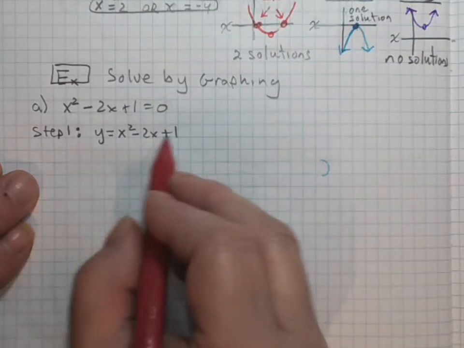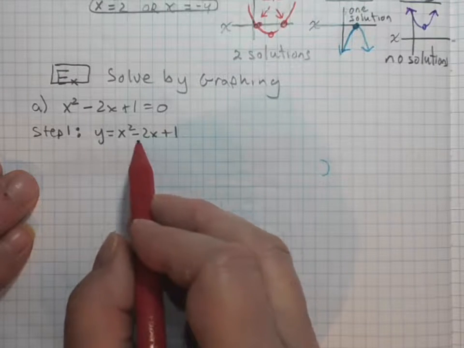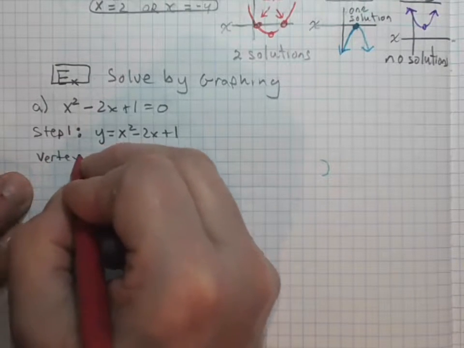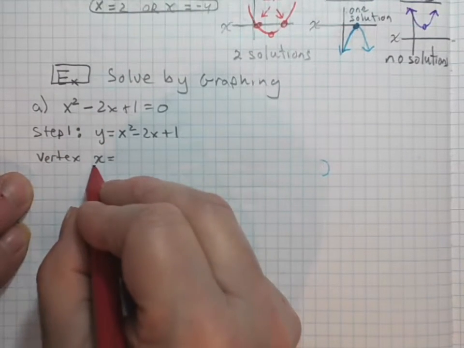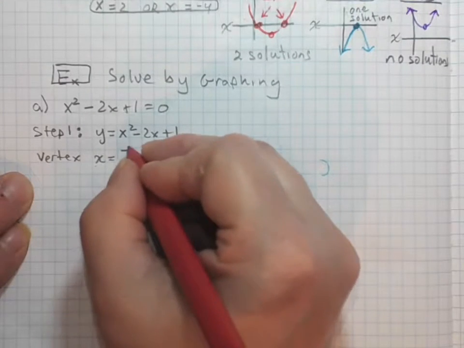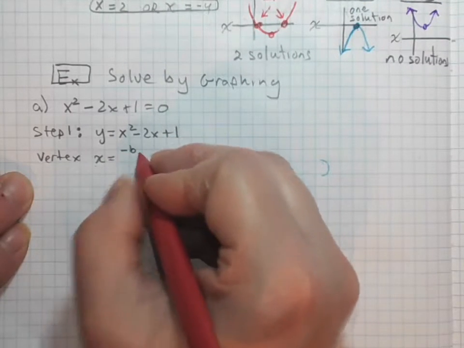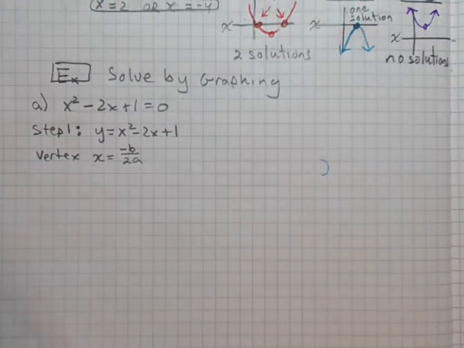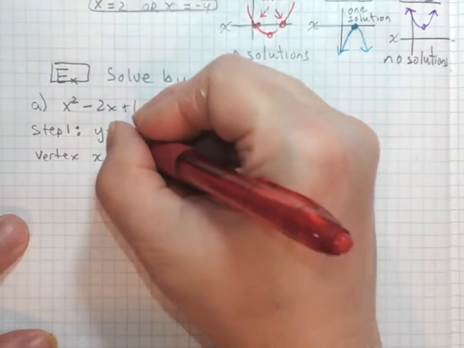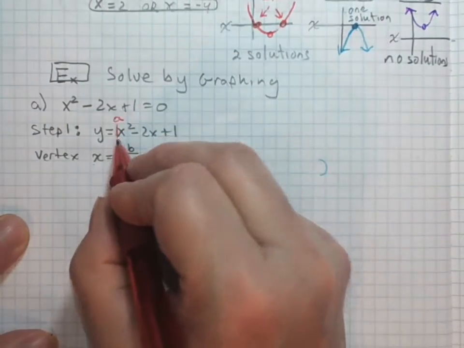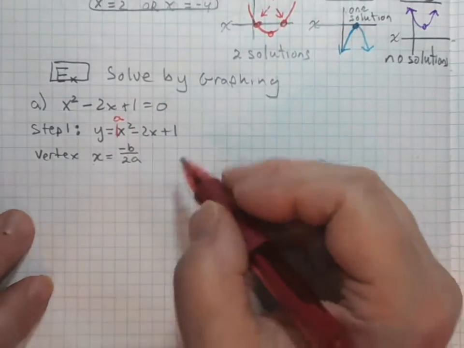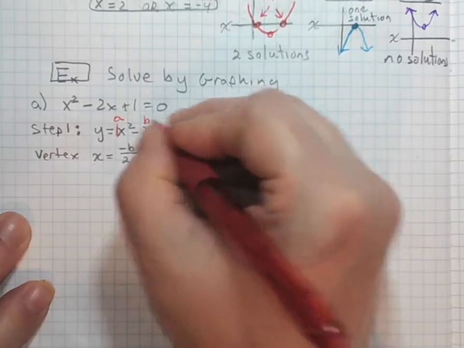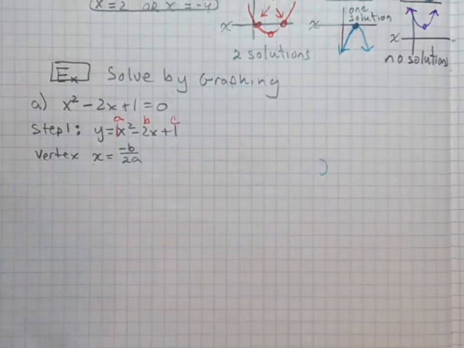All right, just as a reminder, to graph that, I need the vertex. So I'm going to use my vertex formula. X is equal to, that's the x coordinate, is equal to negative b divided by 2a. And remember what your a, b, and c are. So in front is the a, so that's the 1 in front. And b is the number next to the x term, and c is the last term, a, b, c.